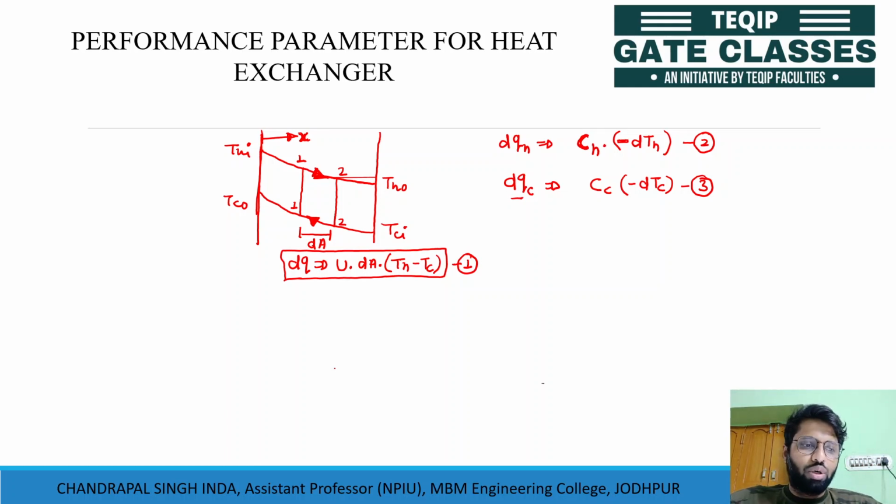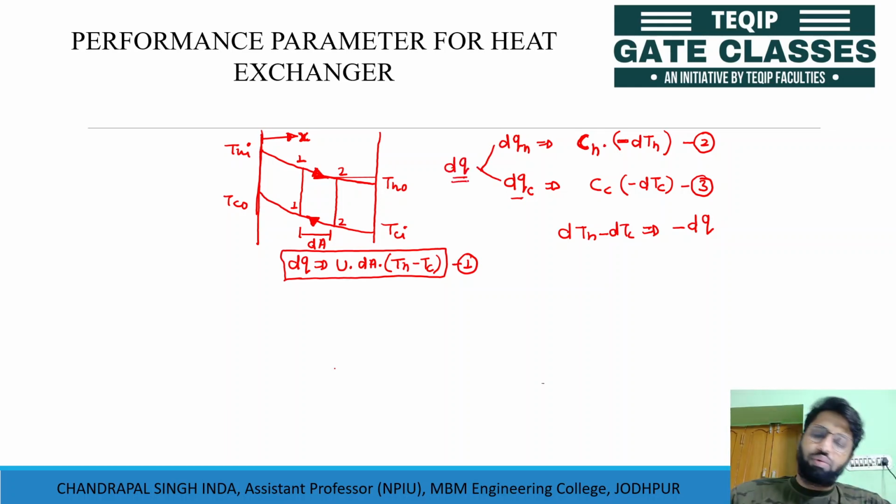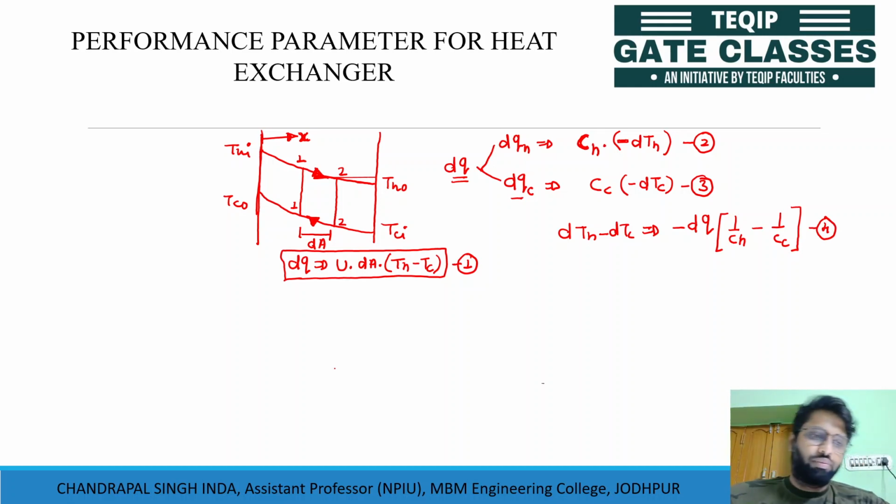So from equation number 2 and 3, we will have that delta Th minus delta Tc will be equal to the minus delta Q, as both terms are equal to the delta Q. So the minus delta Q will be equal to the 1 by Ch minus 1 by Cc. So this is our equation number 4.